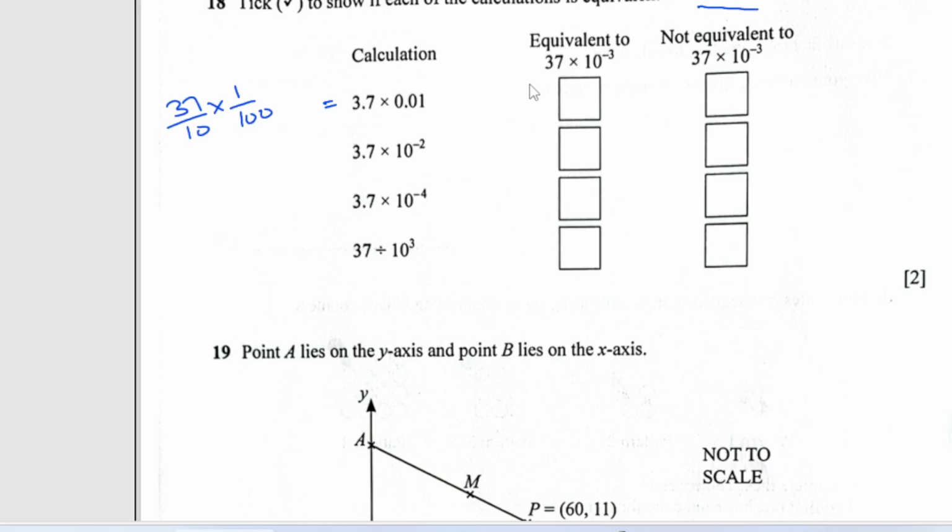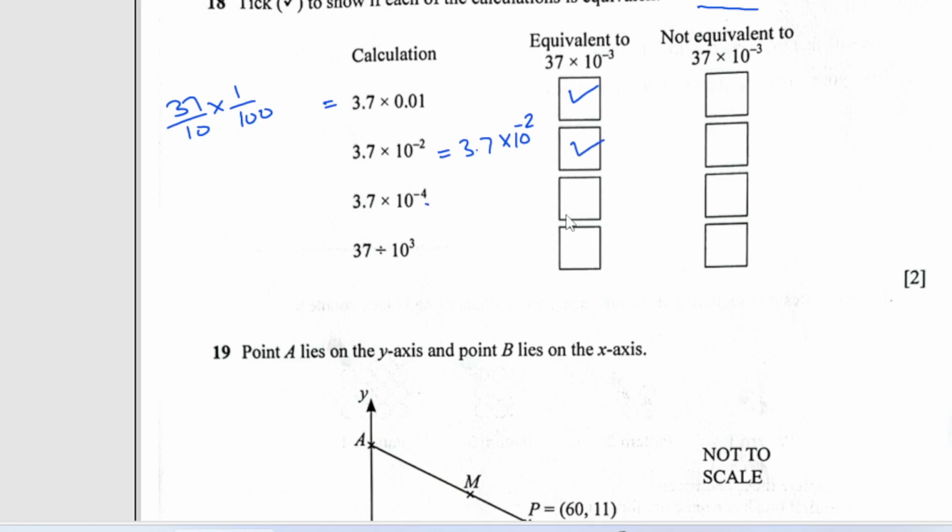So yes, this is 10 raised to power minus 3, this is correct. The second one is also 3.7, this is going to be 3.7 times 10 raised to power minus 2. If you remove this, this becomes negative 3. Again this is true.